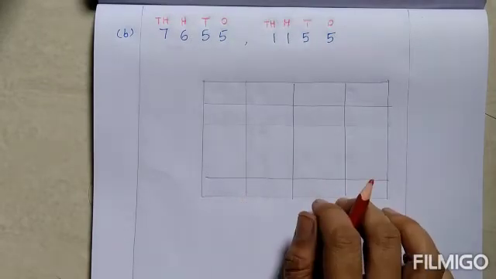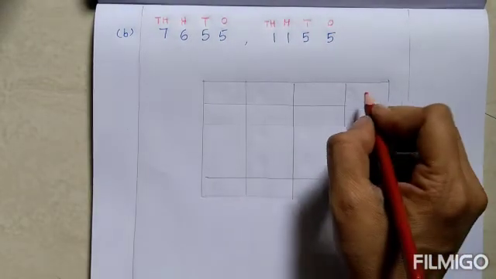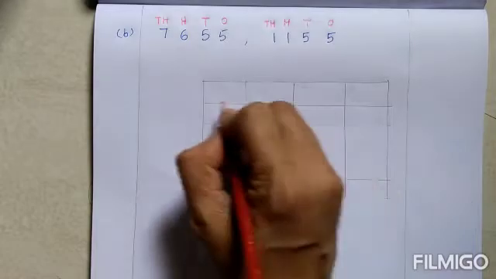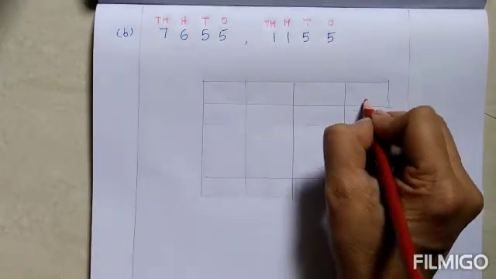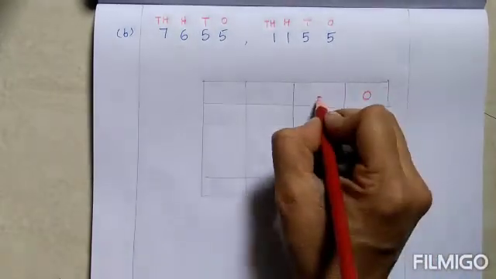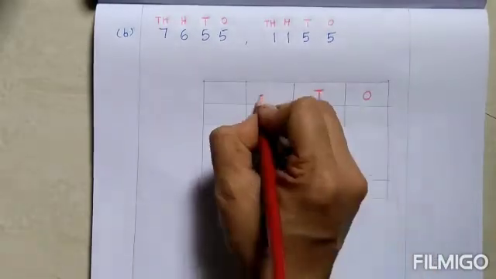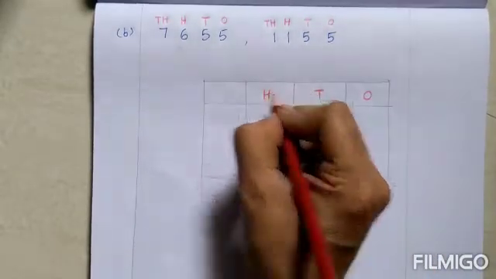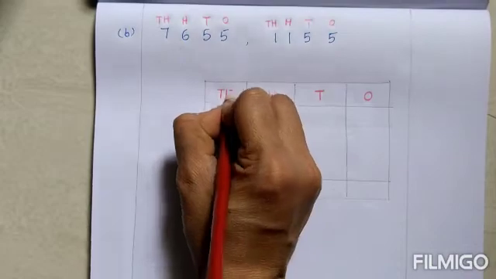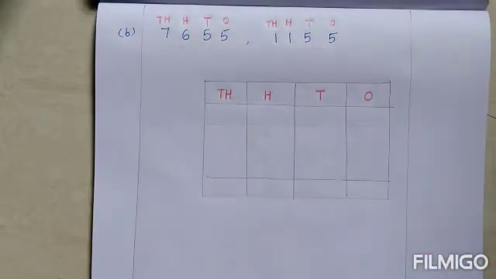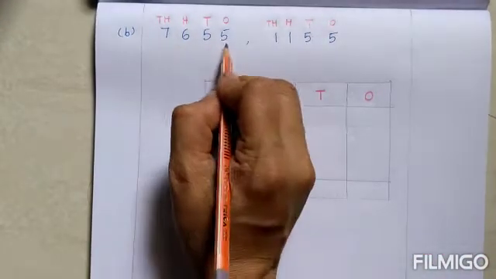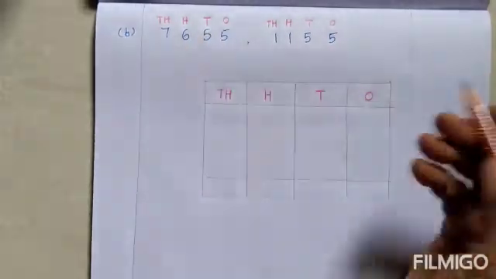Now after drawing this tabular column, first we'll write the place values in the first row with red pencil: ones column, tens column, hundreds column, and thousands column. Now we'll place the numbers according to the place values.